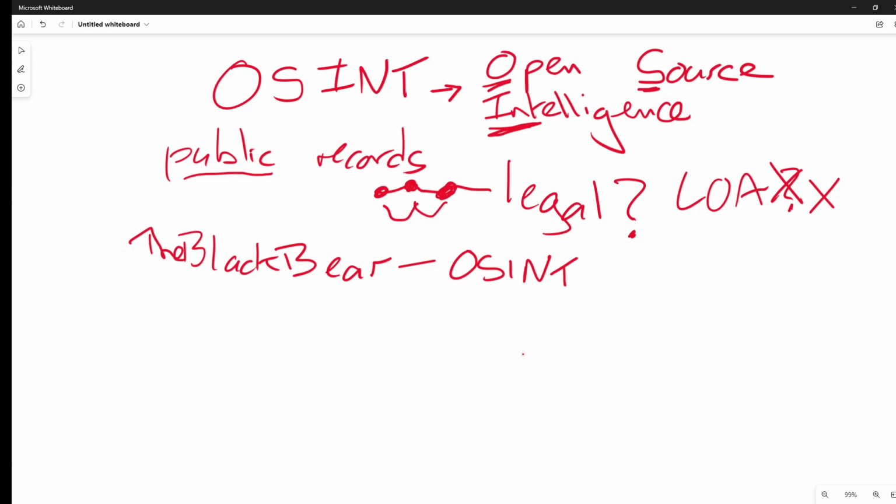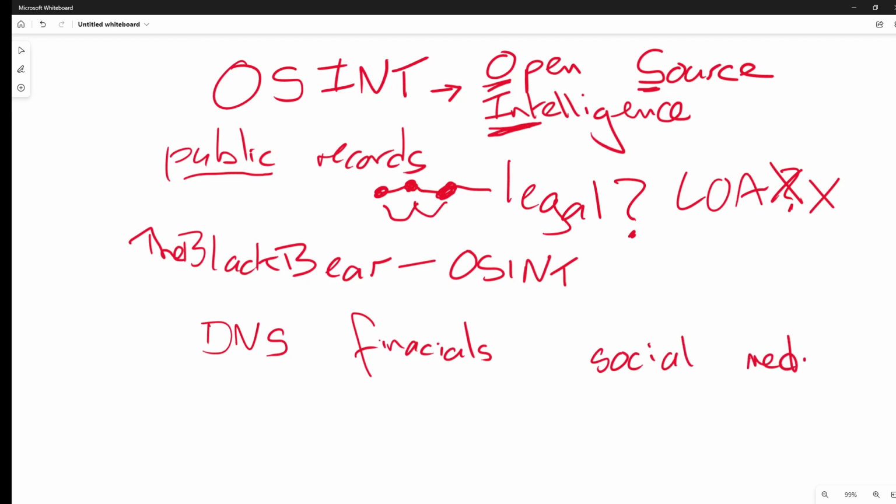All right, so anyway, to better understand OSINT, OSINT can include information such as your DNS. It can include your financials. It can include your social media accounts.